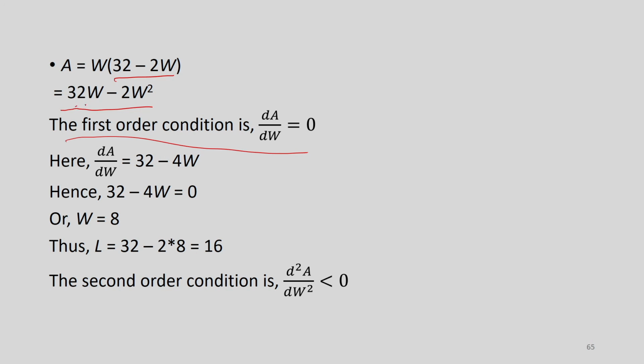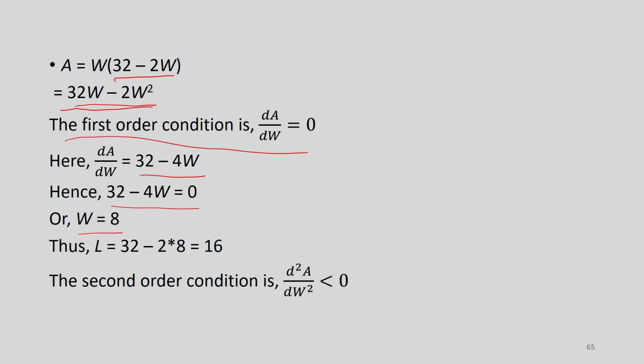If you take the derivative of this function with respect to W, you get 32 minus 4W. So, 32 minus 4W is equal to 0, and that gives me W is equal to 8. So, the width of the garden should be 8 meter.